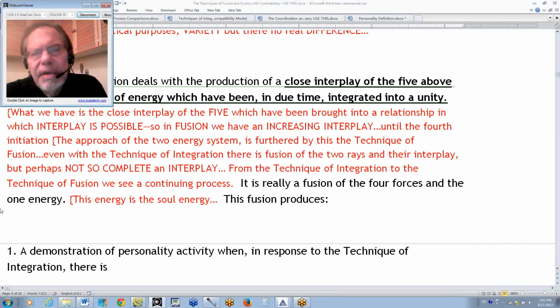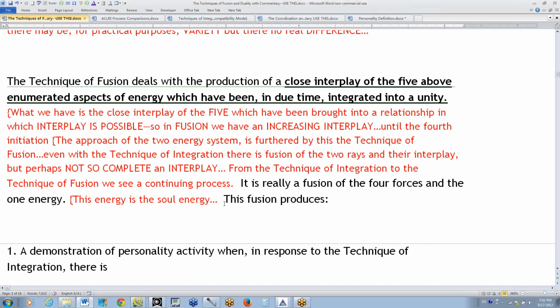So we get the idea of continuity. The technique of integration at least brings these five together so that an initial interplay can become an ever more complete interplay, an ever more complete fusion.